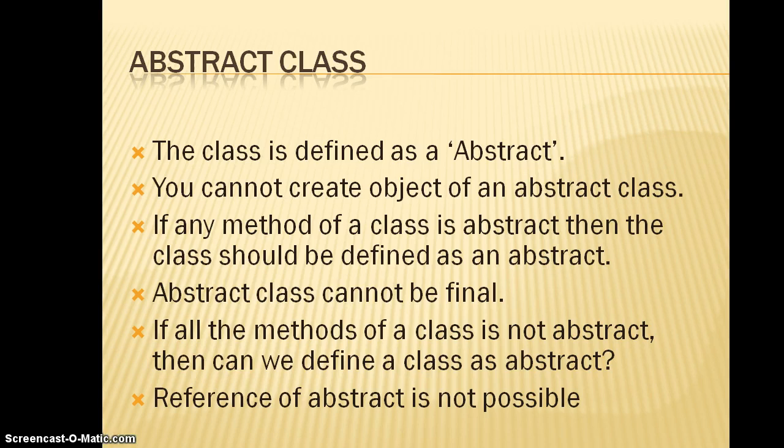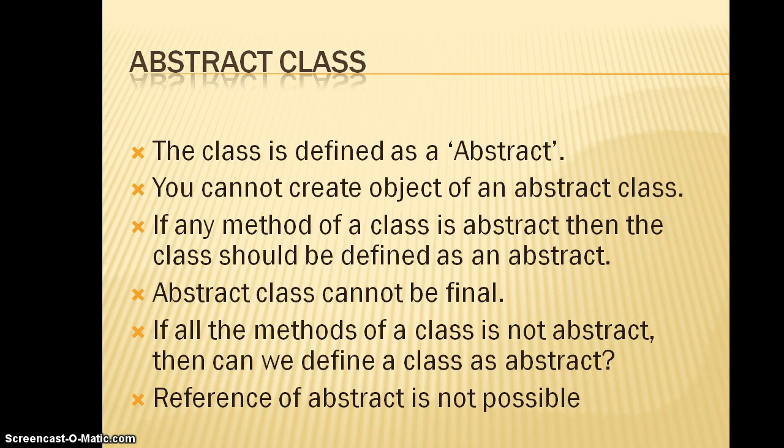An abstract class cannot be final. That means it can be inherited. Final means it cannot be inherited. That is the final class. Because an abstract class can be inherited, it is not the final one. It cannot be final. If none of the methods of a class are abstract, can we still define the class as abstract? Yes, of course.